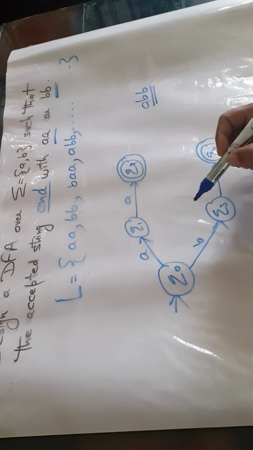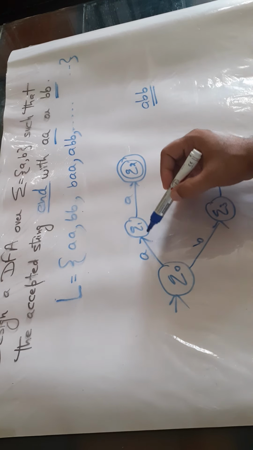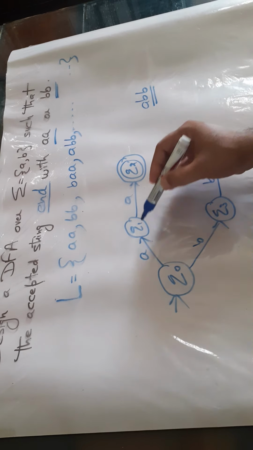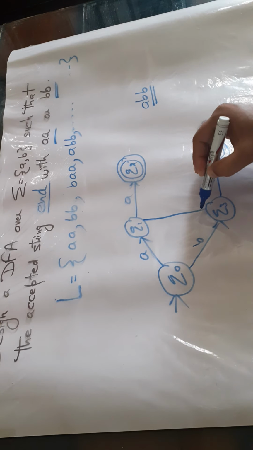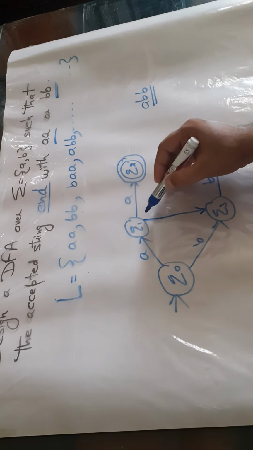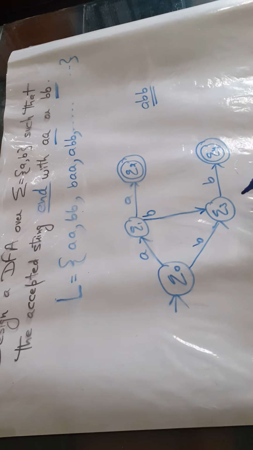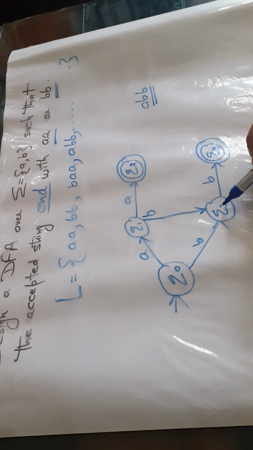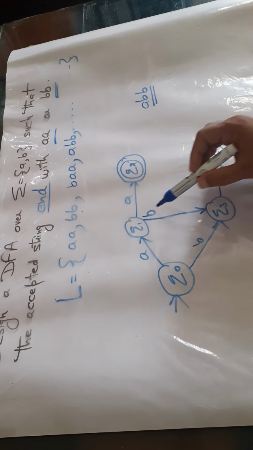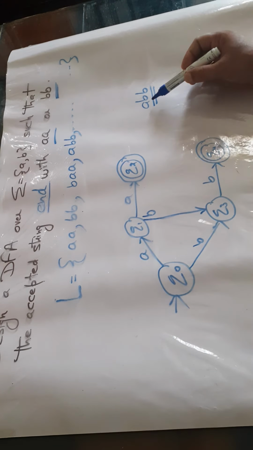Now see the diagram. If A comes first, then at Q1 B comes, what to do? We can move towards Q3 with input symbol B. Why? Because first A, then B, end with B, so we are going to have the string type ABB.